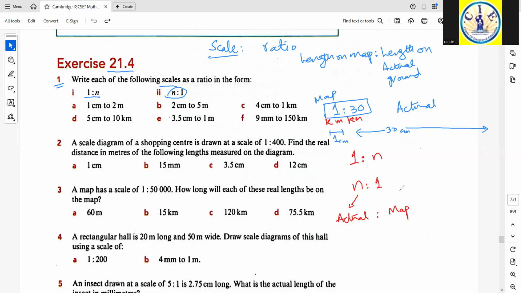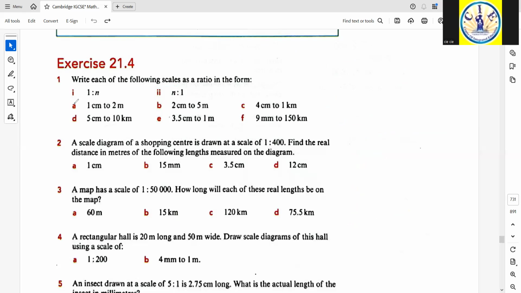So let's start. In part A, we need to do 1 centimeter to 2 meters. Obviously, we need to have their units to be same.